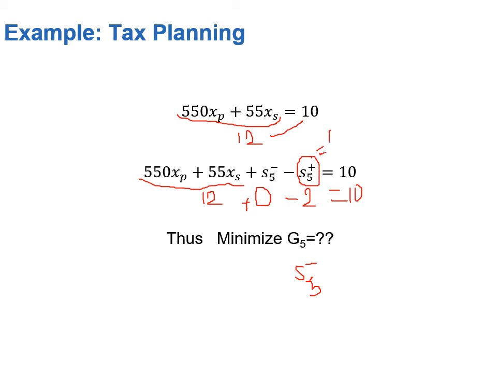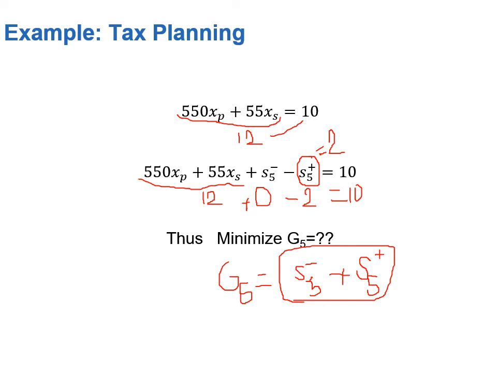It is greater than 0. Okay, and it indicates that we couldn't reach the target. We deviated from that target and we want to minimize that deviation. So besides negative deviation, we also want to minimize the positive deviation as well. Okay, so for equality constraints, our goal is to minimize the sum of negative and positive deviations.